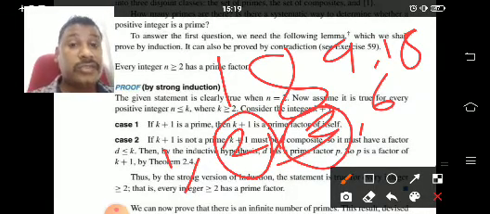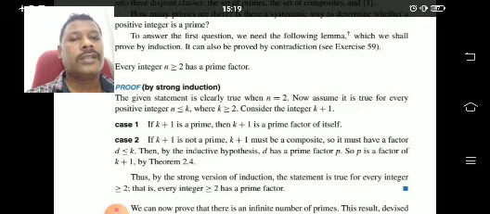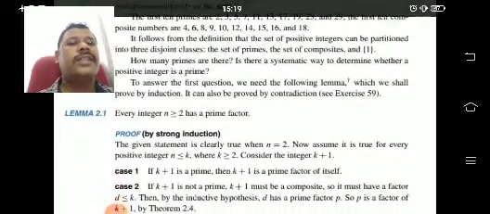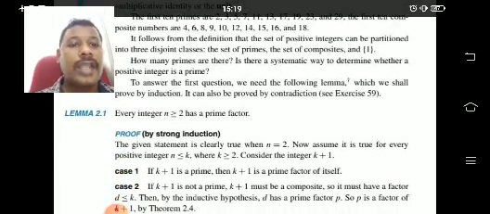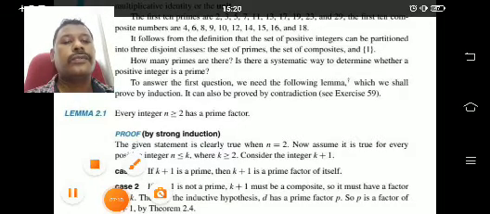Therefore 18 has two prime factors. Therefore our theorem says that every integer n greater than or equal to 2 has a prime factor. This is the proof.